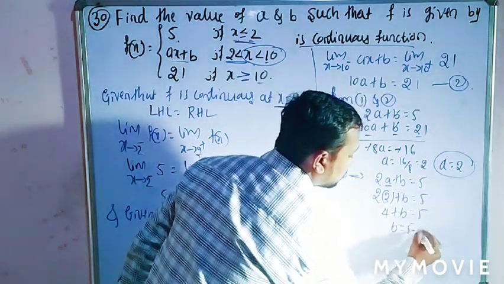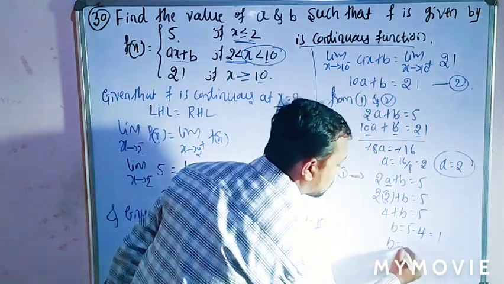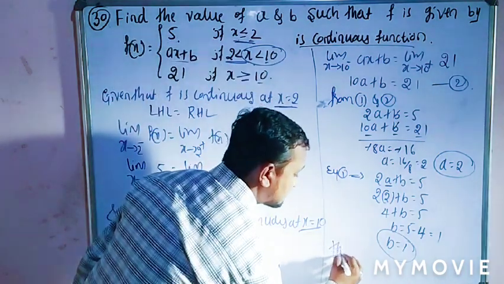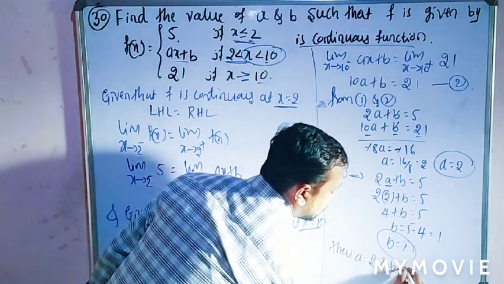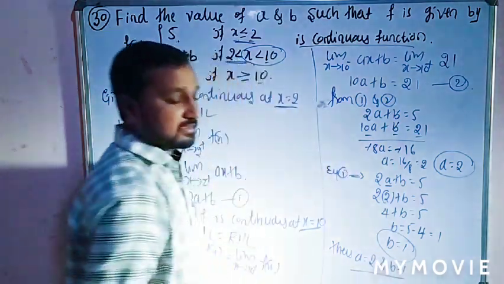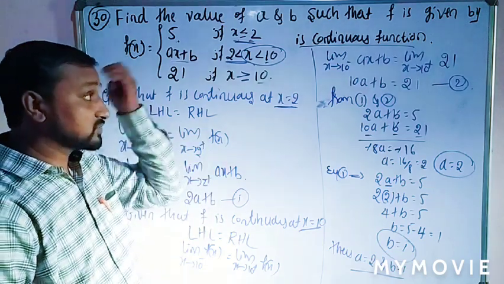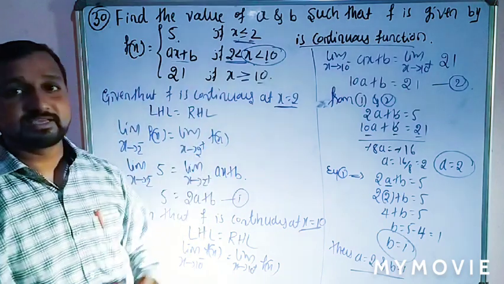So b equal to 5 minus 4, which is equal to 1. So b is equal to 1. Is that clear? Thus a equal to 2 and b equal to 1 is the correct answer. This is the example for solving this type of problem. Okay, very simple. Okay, write down this example.